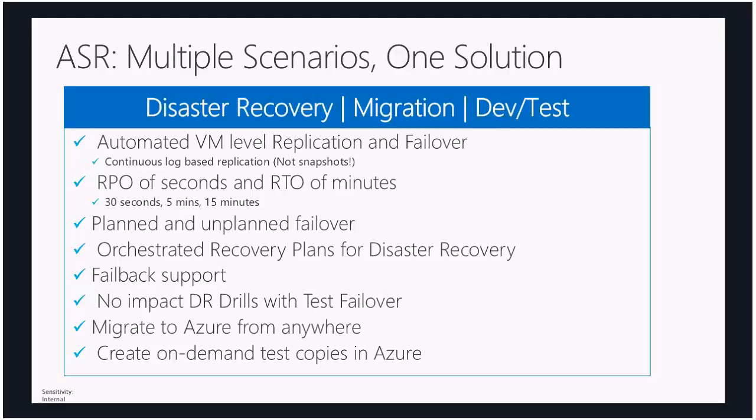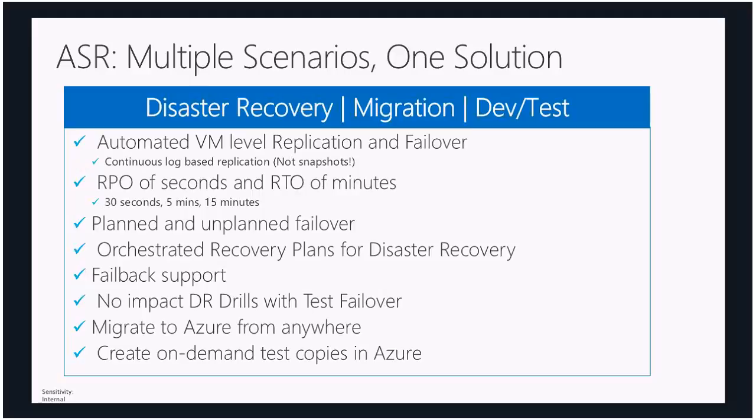We get this planned and unplanned failover with our recovery plans that we build. And this is actually really powerful because you can test your DR playbook like we mentioned, so that you can be confident that the solution works before you actually have a disaster happen.